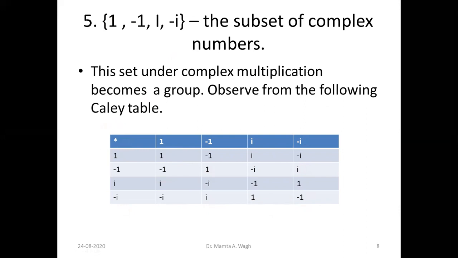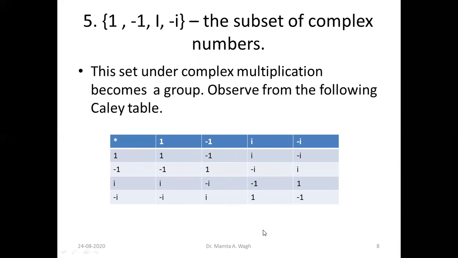From this table it is visible that the closure property is satisfied, and associativity is also satisfied. You can check associativity by multiplying any 3 elements, and that is also satisfied here. Then the existence of the identity element. From this table you can find which is the identity element. 1 is the identity element, because when you multiply 1 with any other element, you get the same element.